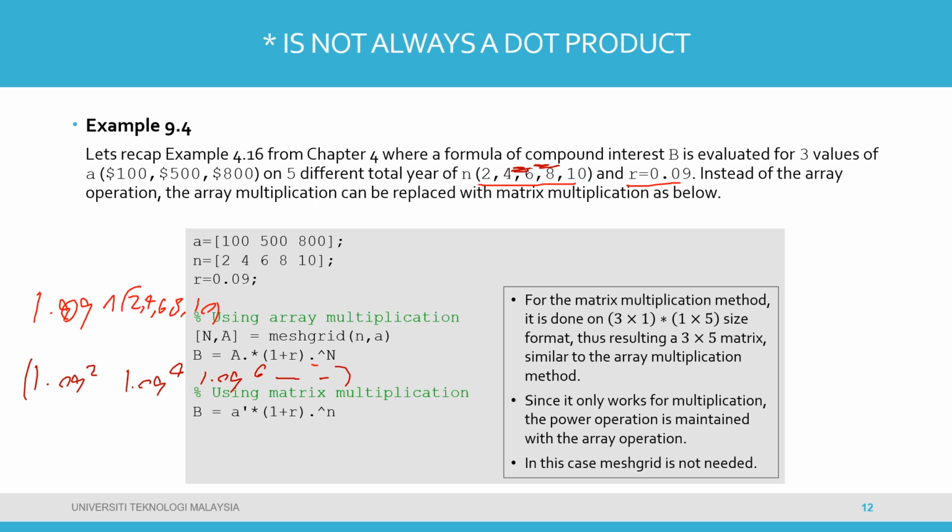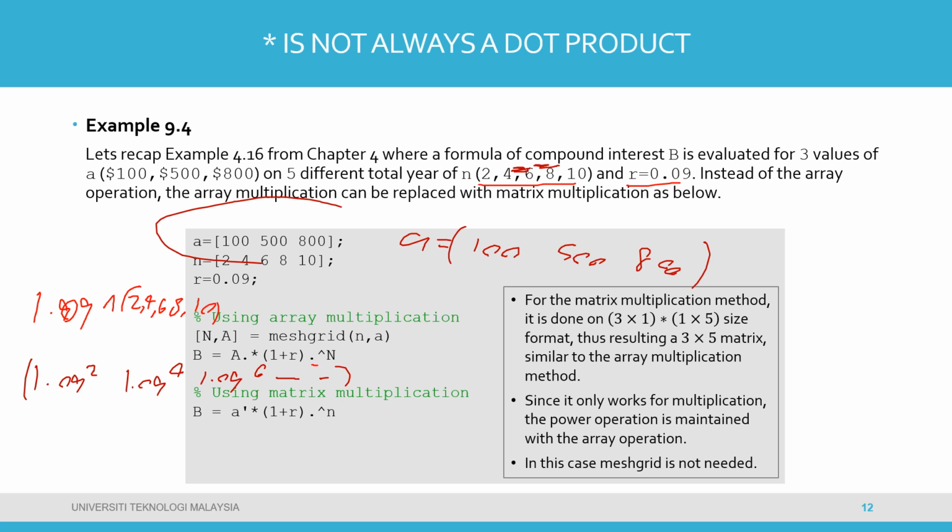So you have a matrix something like this. So you have A is this. So your A is 100, 500, 800. So you have something like this.